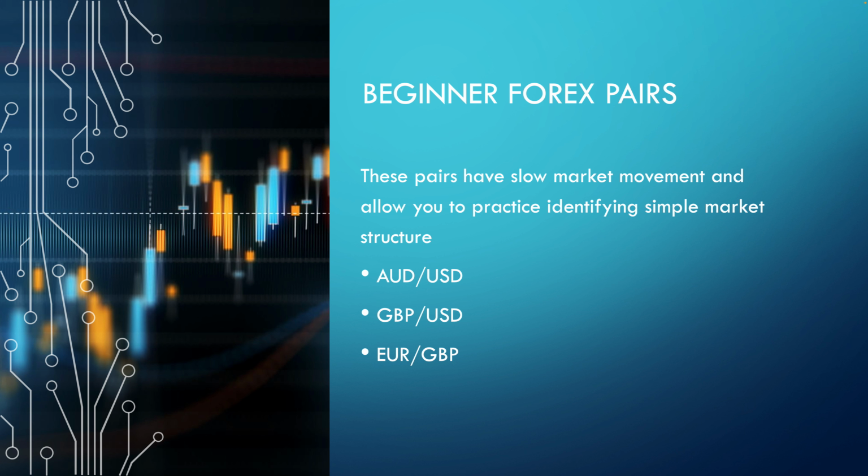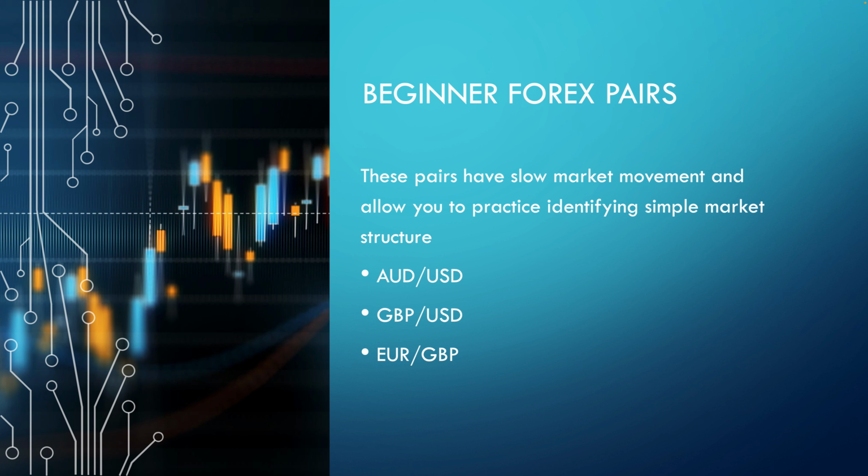Pairs like the AUD USD, the GBP USD, and the Euro GBP are 3 currency pairs that I feel are great for beginners. They're slow, but not too slow where you're getting bored, but they provide nice, simple volatility, and they allow you to begin training your eyes to the overall price action and market structure.